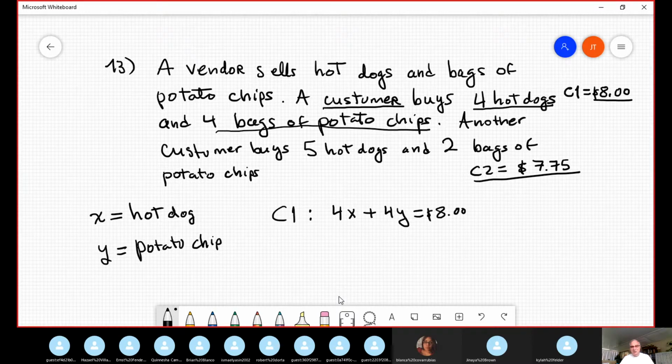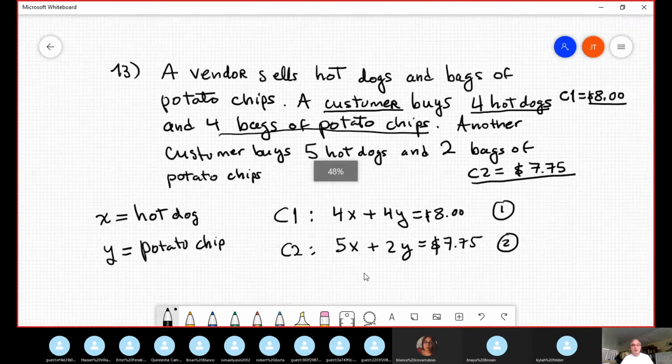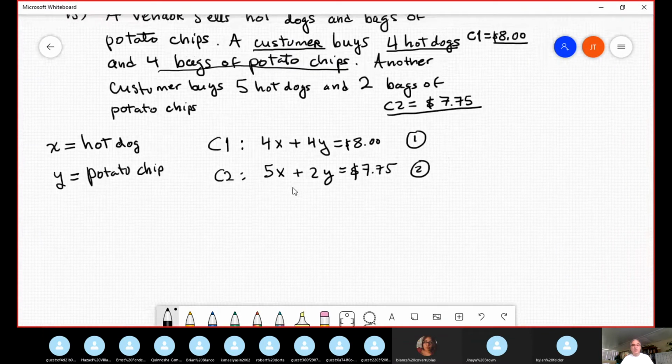I am not sure, but I write it like that. This is the equation for customer one. Customer two is the same. In this case, 5 hot dogs plus 2 bags is equal to $7.75. Equation number 1, equation number 2. We have one system of linear equations and two unknowns, x and y. And we solve it immediately in this setup.